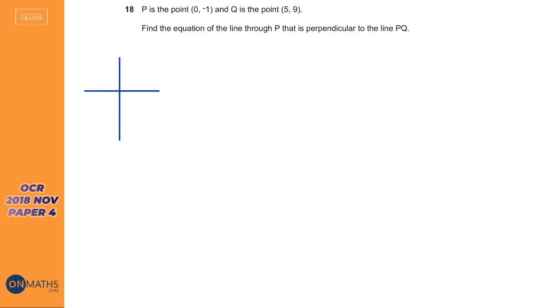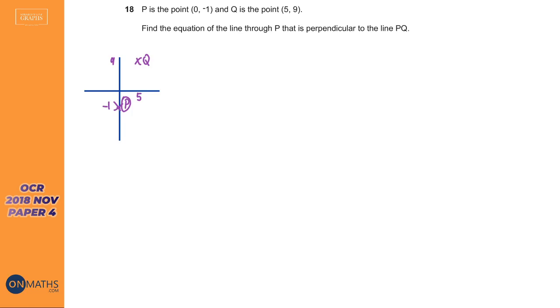So we've got point P, which is at 0, -1, and Q is at 5, 9. So Q is up there.